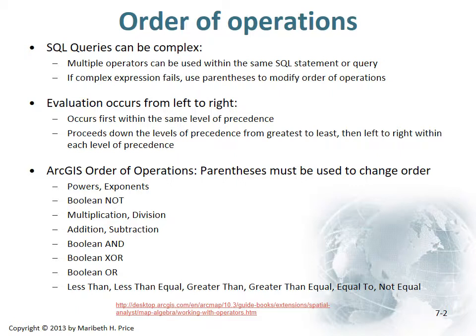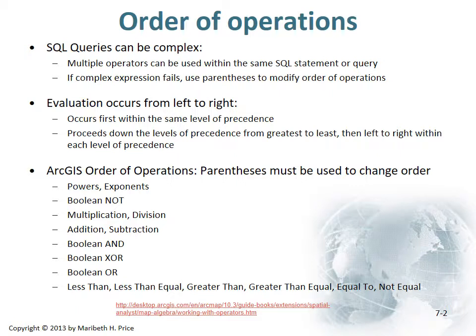So this slide is all about showing this. The ArcGIS order of operations, unless you use parentheses to change the order, is the sequence in which things will be evaluated in the SQL statement, and they will be evaluated at each level for all of the statements that occur at that level of precedence, from left to right within the same level of precedence.